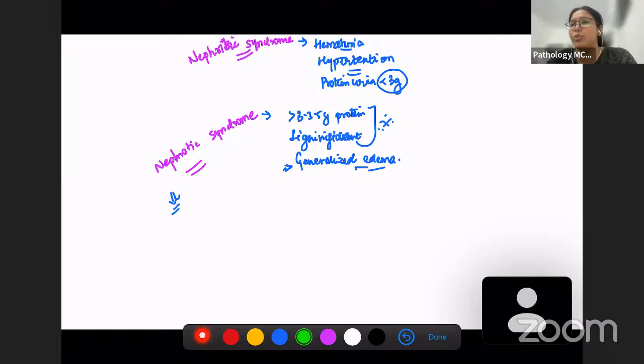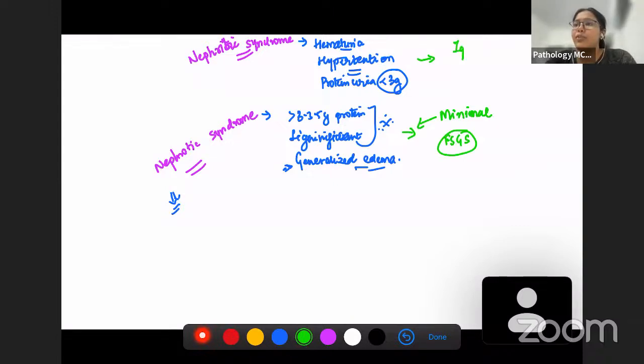So why should we know this? There are a few renal conditions which are specifically associated with nephrotic syndrome and nephritic syndrome. For example, in minimal change disease, we have nephrotic kind of proteinuria and generalized edema. Also, focal segmental glomerulosclerosis is associated with a nephrotic kind of clinical presentation.